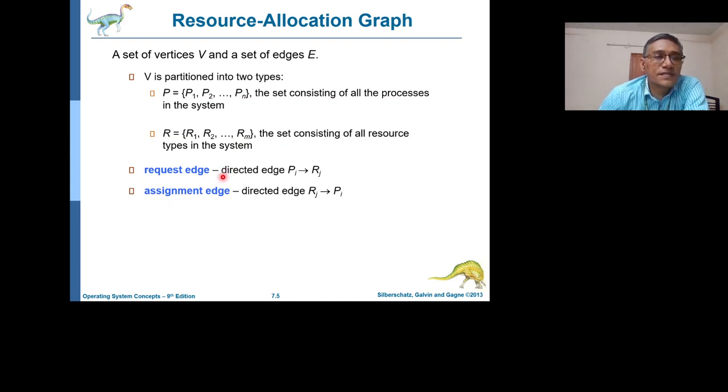The request edge is a directed edge where Pi is requesting Rj, that is, the edge is from a process towards a resource. That is called a resource request edge. An assignment edge is a directed edge from a resource R to a process P, which means that resource has already been held by that process.